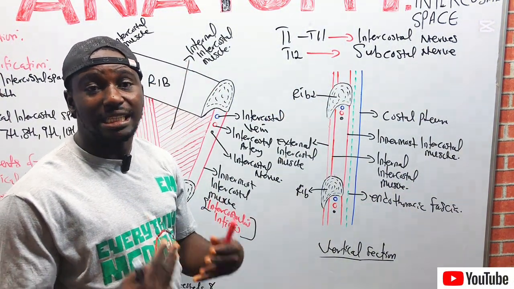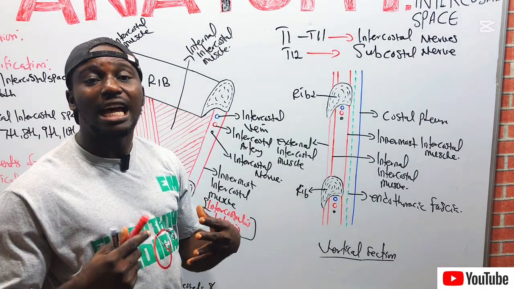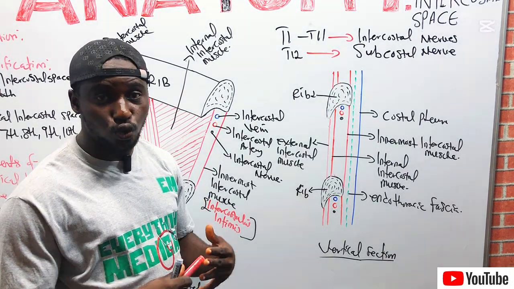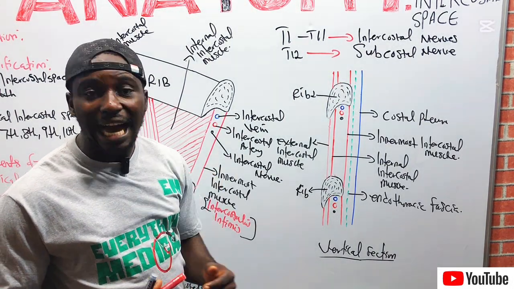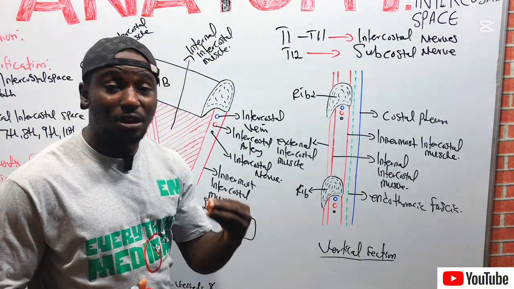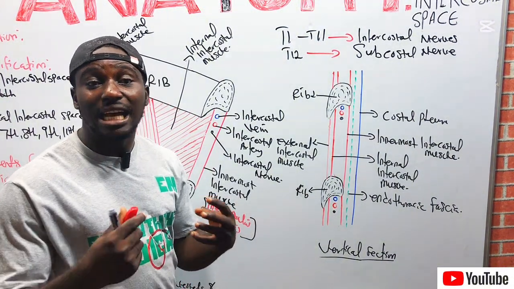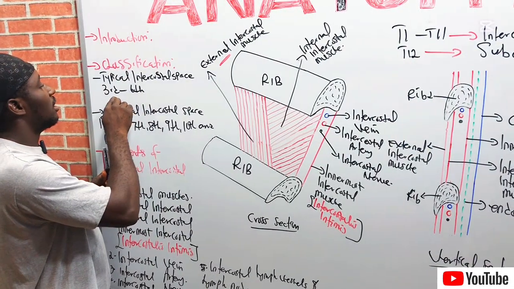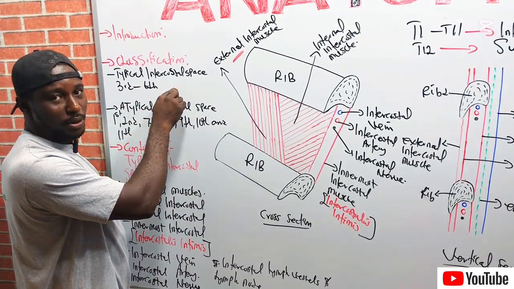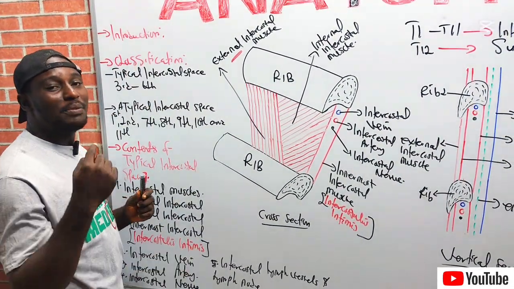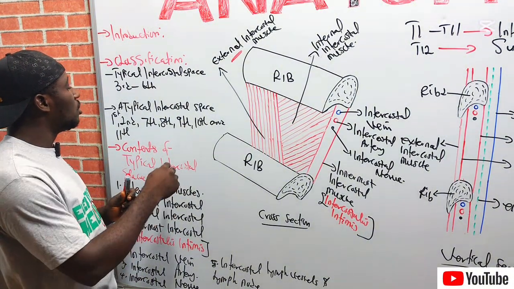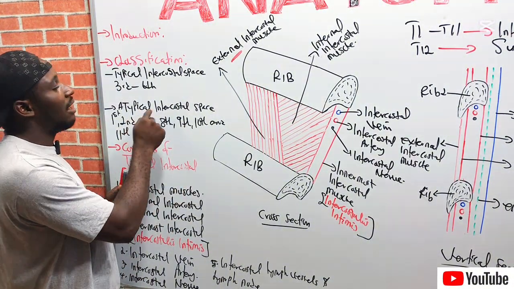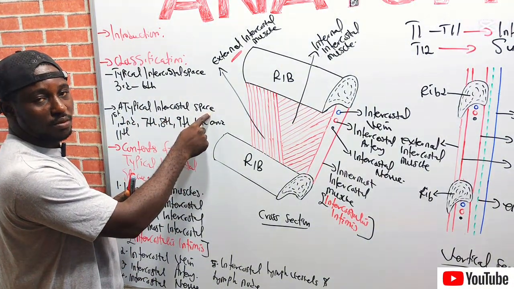You also have to understand that the intercostal nerves are divided into two: the typical intercostal nerves and the atypical intercostal nerves. The typical intercostal nerve is in relation to the typical intercostal space. Also, the atypical intercostal nerve is in relation to the atypical intercostal space, right?